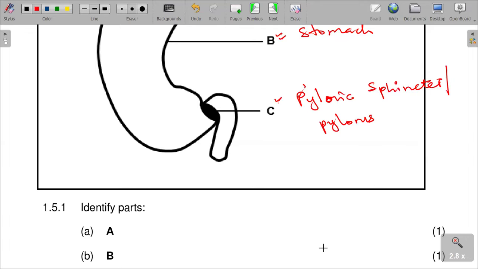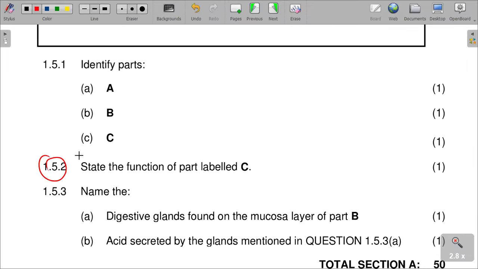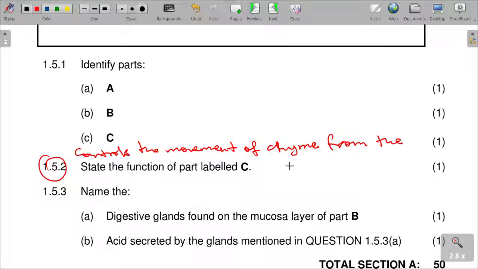That is the function of C. That is the function of part C.